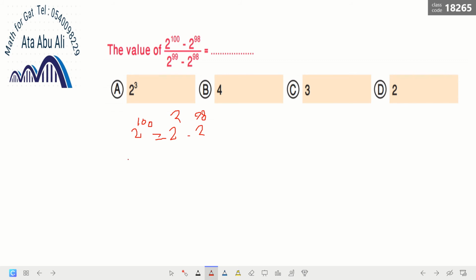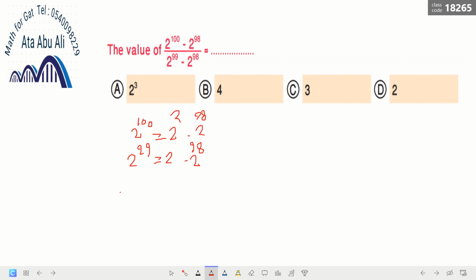And the same thing I can do, 2 to the power of 99, I can make it 2 to the power of 1, which is 2, times 2 to the power 98. Because you know the sum of the powers is equal to 2 to the power of 100.